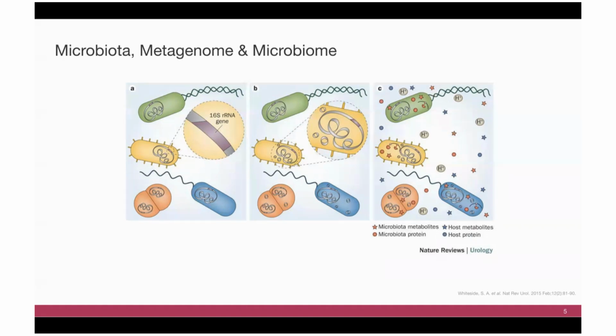And again, the genome is just the sum total of the organism's DNA. The last picture is the microbiome. This is the gene, the genomes, and the products of the population. Again, both the bug and the host. This is where we are looking at that whole soup, not just an individual ingredient. And this is looking beyond the bugs into what they're actually doing, that metabolomics.